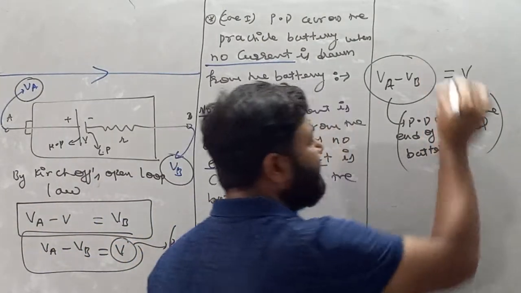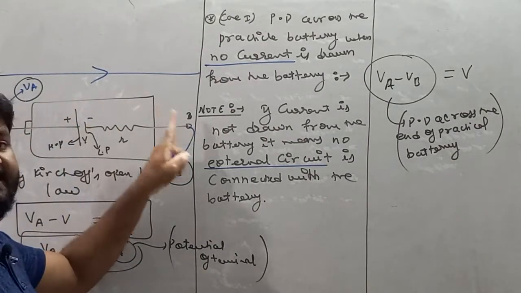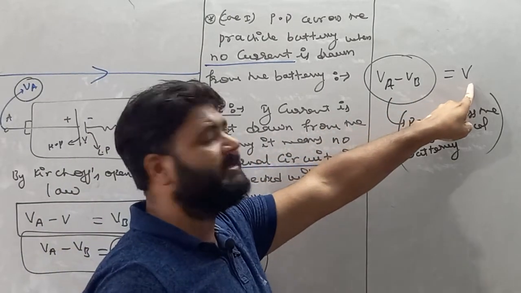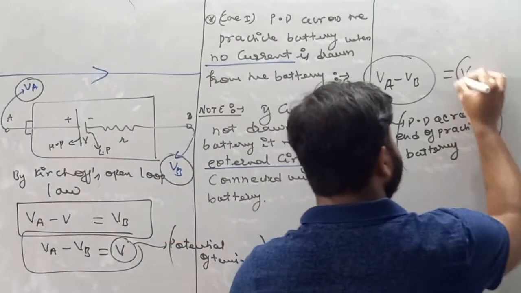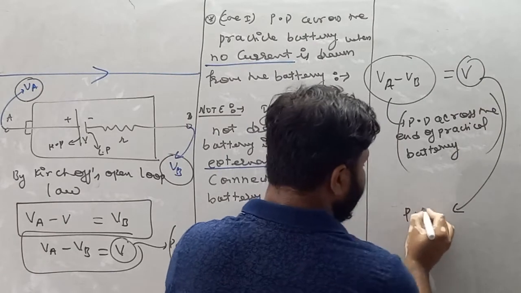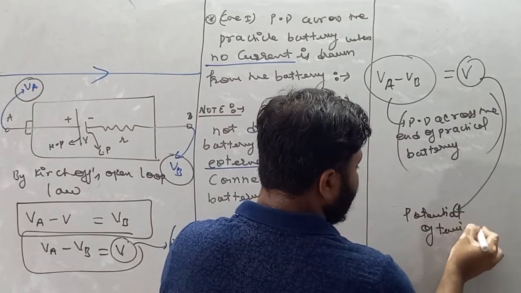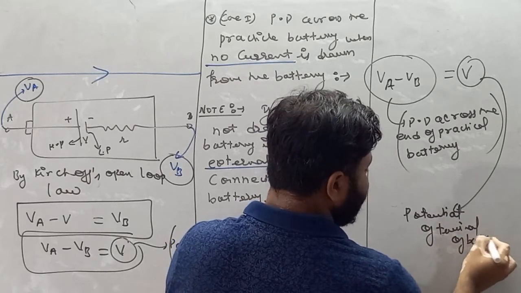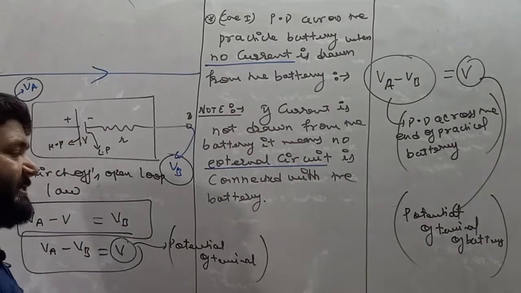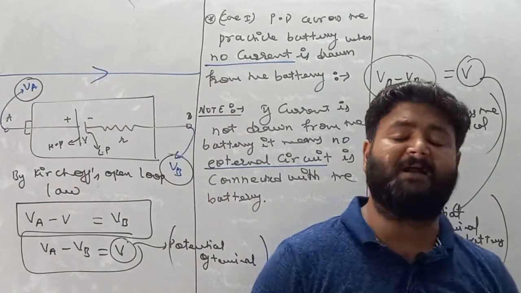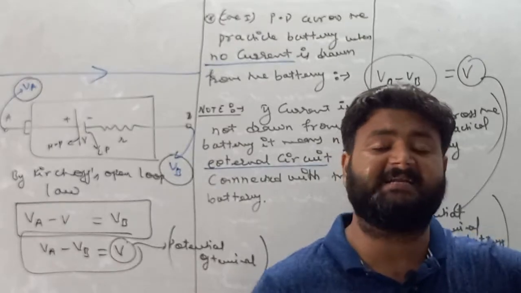So if no current is drawn from the battery, then the potential difference across the practical battery is equal to the potential of the terminal of the battery. Now see, my dear student, this is basically the way of finding the potential difference across a practical battery when the battery is not connected with any external circuit.